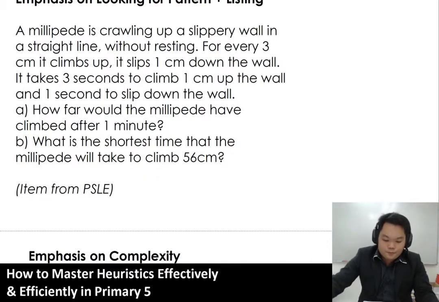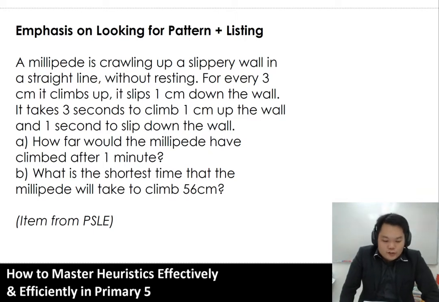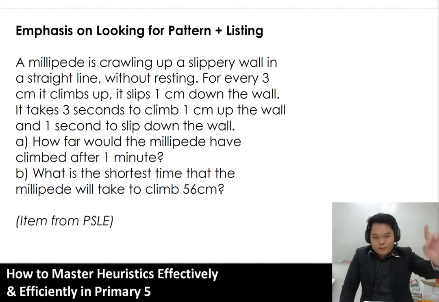Next, emphasis on looking for patterns and listing. A millipede is crawling up a slippery wall in a straight line without resting. For every 3 cm it climbs up, bump, bump, bump, it slips down 1 cm down the wall, and it takes it 3 seconds to climb up 1 cm, 1 second to slip down.